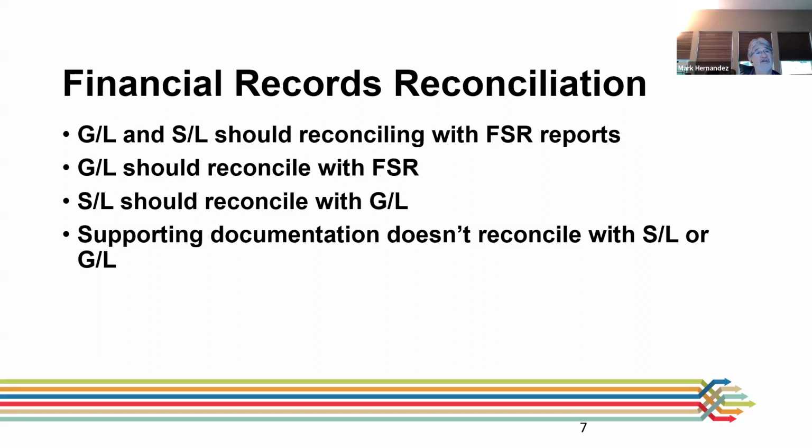Another method is that an auditor will say, okay, we've got the FSR. We're going to reconcile the report that you have that should equal up to your FSR. And then after that, we're going to go backwards and look at your supporting documentation and see that it hits your financial records, whether it's on the expenditure side or the other areas like that.